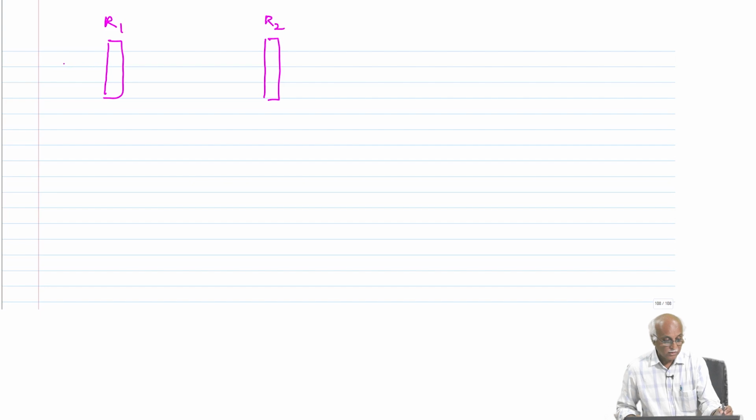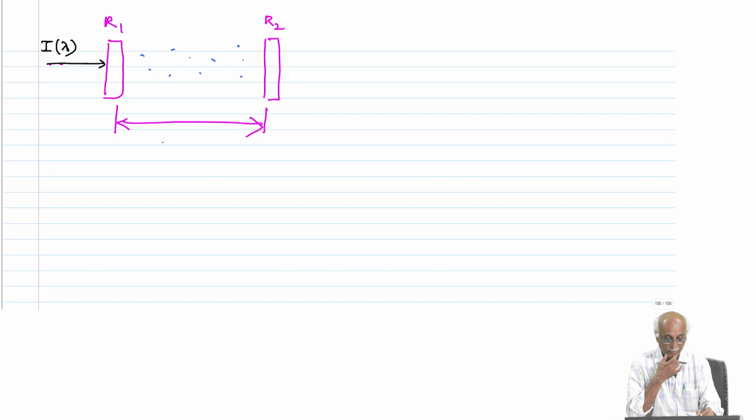Let us say a pulsed laser beam with a wavelength lambda, matching the absorption by the trace molecules which are present, passes through this cavity. The cavity configuration is such that this length is n lambda by 2, where n is an integer.